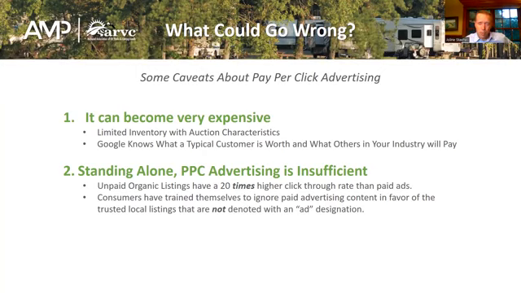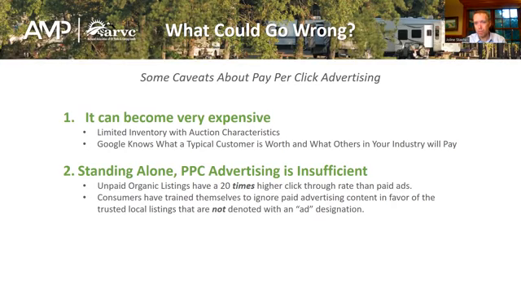There are really good reasons not to devote all of your marketing efforts, as easy as it is, to pay-per-click advertising. One of those reasons is because the organic listings that Google provides for free have a 20 times higher click-through rate than paid ads.